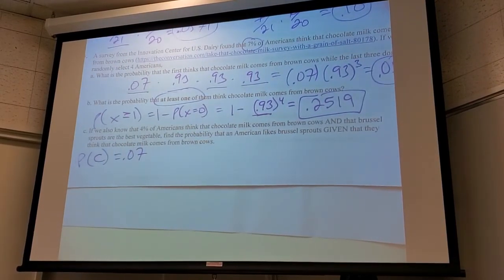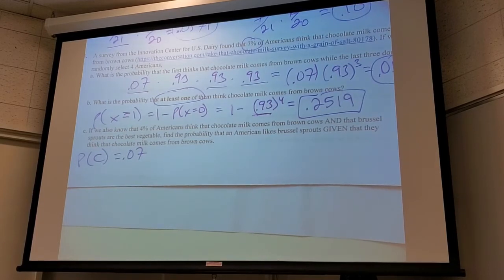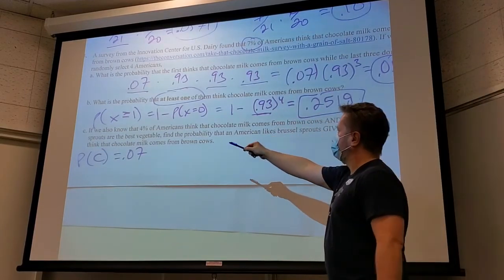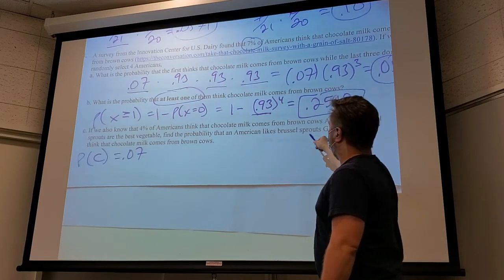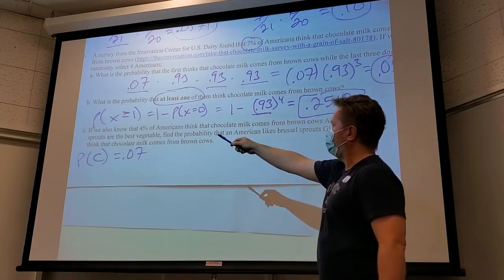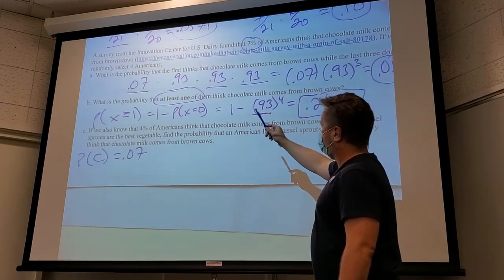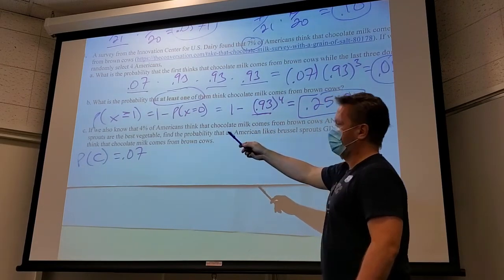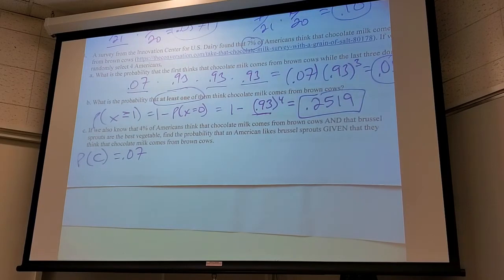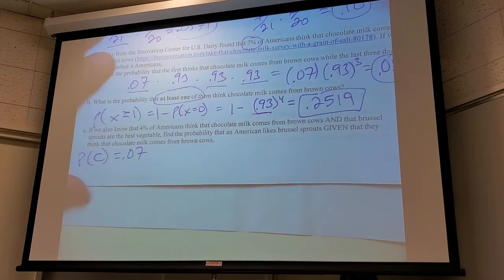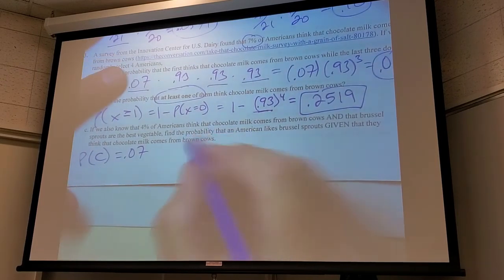What new thing do I tell you? 4% think that chocolate milk comes from brown cows and that Brussels sprouts are the best vegetables. So basically, 4% of Americans are completely insane. If you like Brussels sprouts, you can have all of them. I'll take them, although I have had some at Bobo Kitchen, the fried Brussels sprouts with some bacon. I mean, bacon, anything, I'll have it.